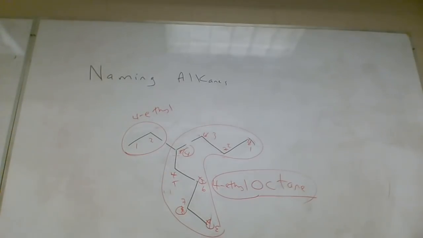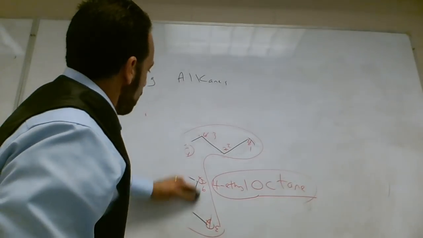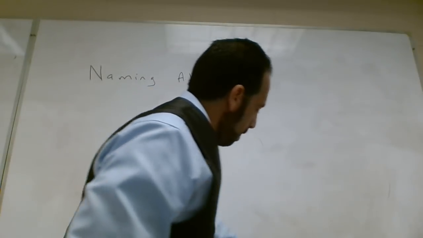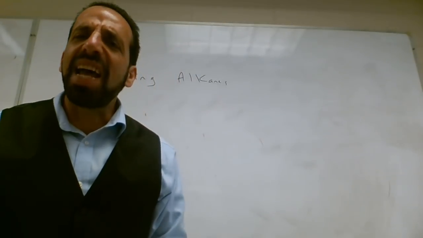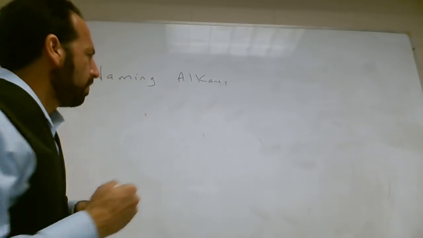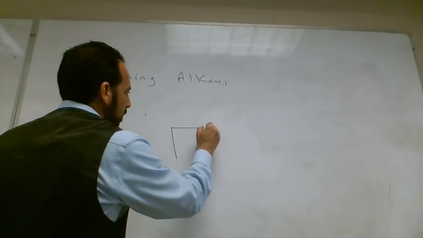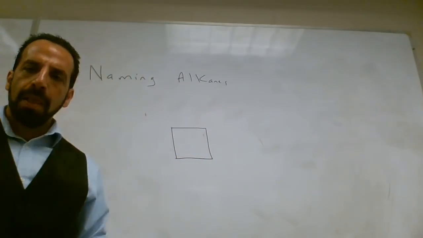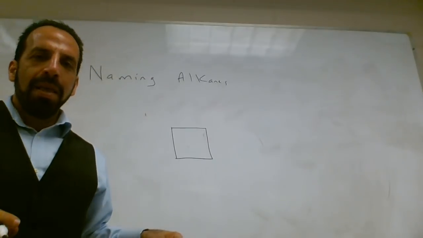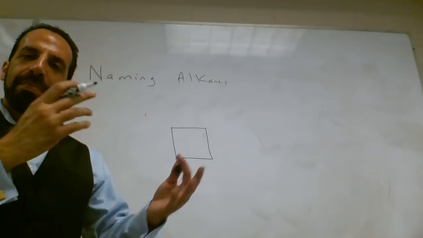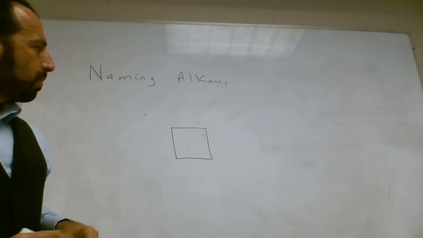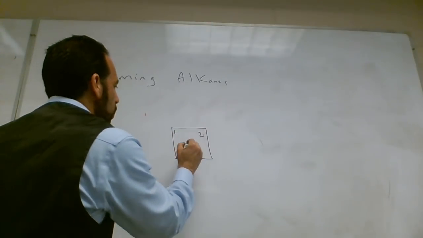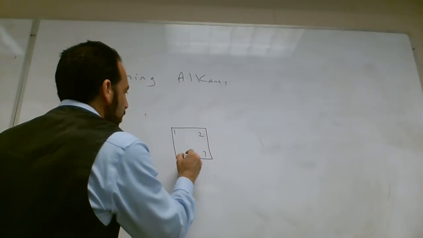Let's jump to another one. Let's look at some of these cyclic ones. These are always kind of important. So we have a cyclic one. Again, it has this kind of a cube shape for this one right here. So carbon 1, 2, then 3, 4.